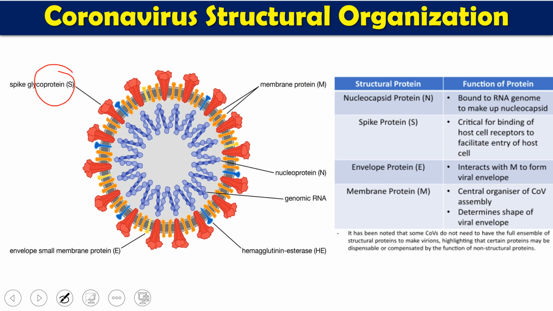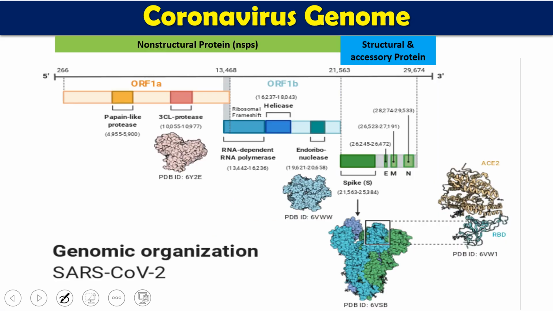For all these proteins, whatever proteins we have listed here, the virus has its genetic material. So this is roughly a schematic diagram of the coronavirus genome. Roughly 29 to 33 kb of genetic material coronavirus has, and you can call it two important fragments. So genetic material you can divide into two different segments.